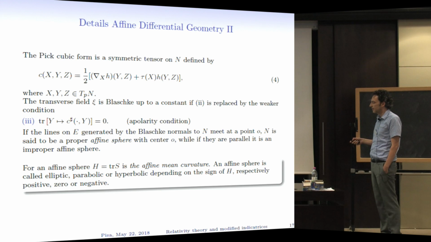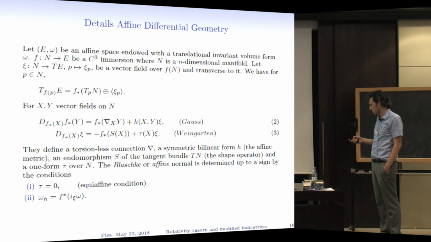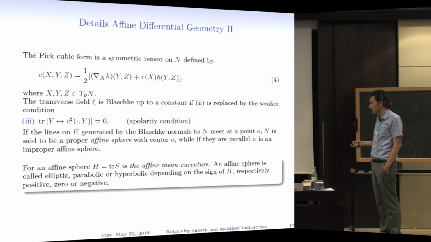Now, if the lines selected by this transverse intersect at a point, then the hypersurface is said to be a proper affine sphere. If they are parallel, it is an improper affine sphere, centered at infinity. The shape operator, which appeared here, is actually in this case proportional to the identity, and the proportionality constant is called affine mean curvature.